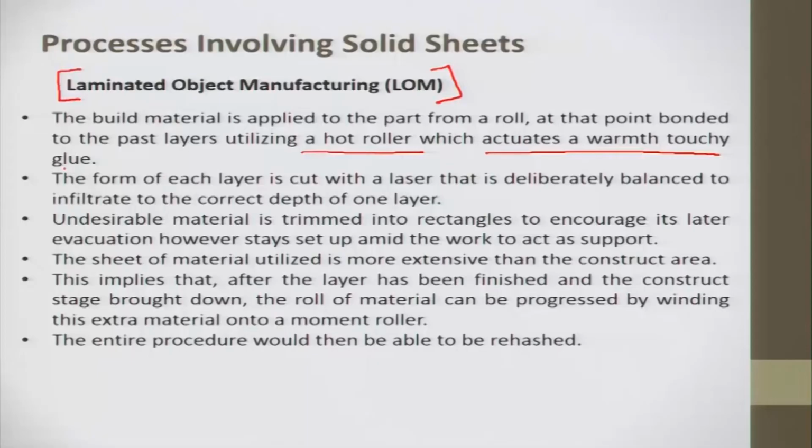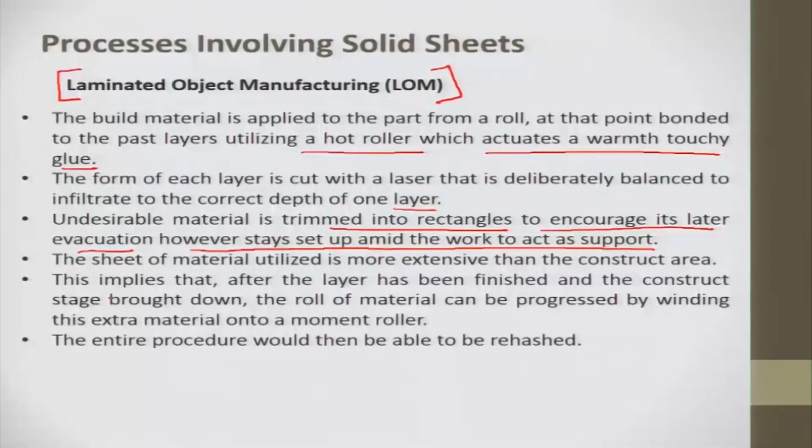The form of each layer is cut with a laser that is carefully adjusted to penetrate to the correct depth of one layer. The unwanted material is then trimmed into rectangles to facilitate its later removal. However, it stays in place during the work to act as support. The unwanted material here can act as a support.